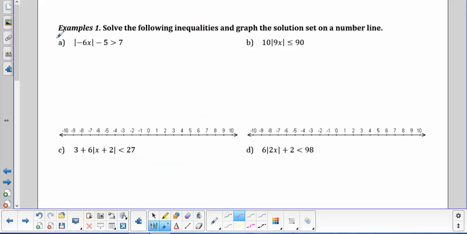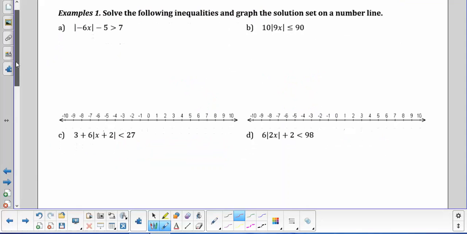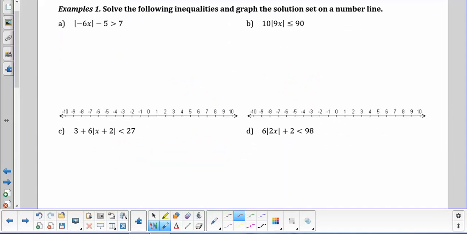So, first one, absolute value of -6x minus 5 is greater than 7. As always, your first step, get these absolute value bars by themselves. So this 5, we want to get that guy out of the way. Okay. Once we do that, split it up. We're going to keep one of them the same, as if the absolute value were not there. The other one, we're going to flip the sign and then change the sign of the number itself, okay?